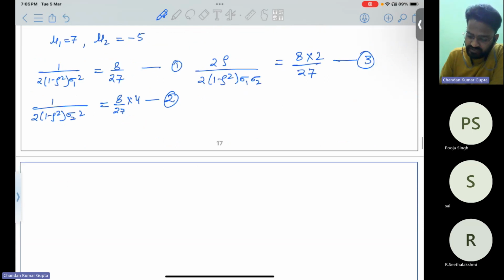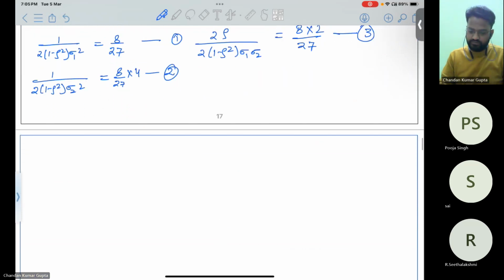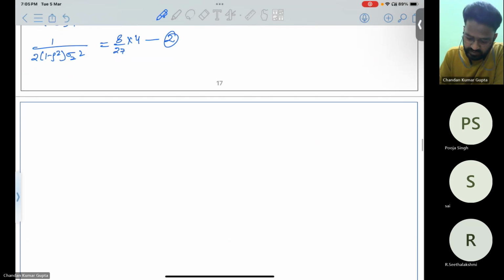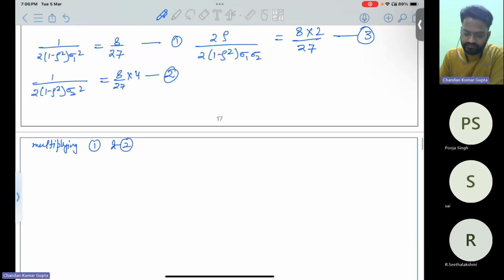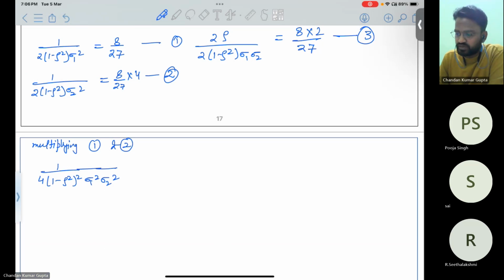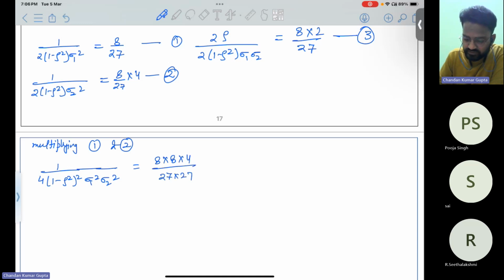When we multiply equation 1 and 2, we get 1 upon 4 (1 minus rho square) whole square, sigma 1 square sigma 2 square, and this comes out to be 8 into 4 upon 27 into 27.